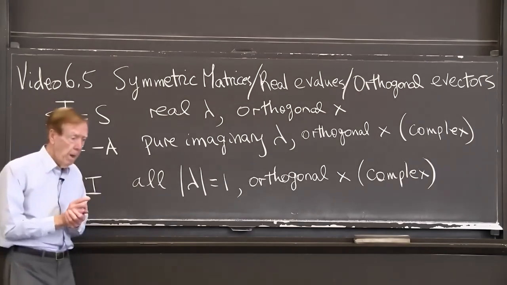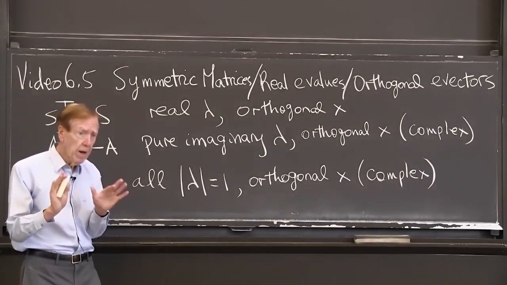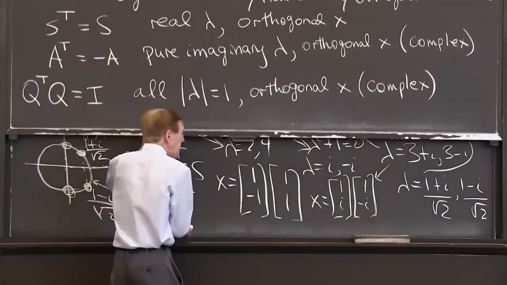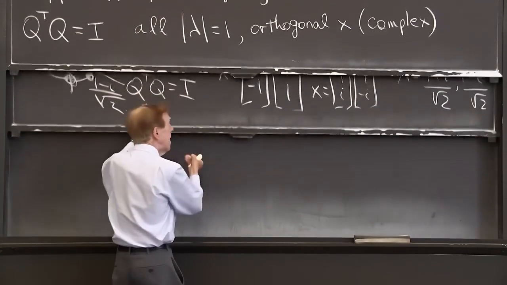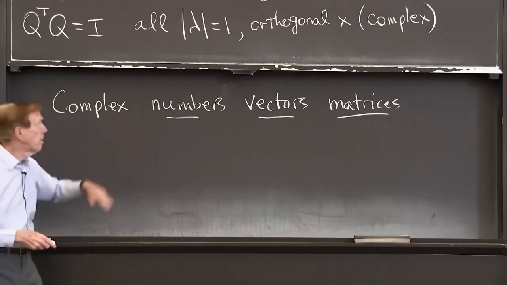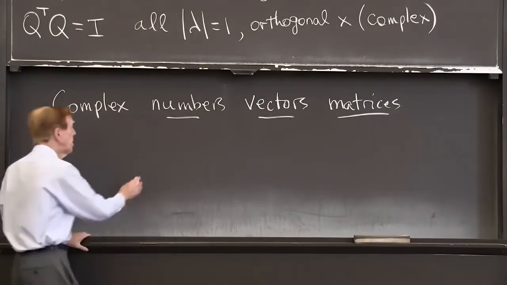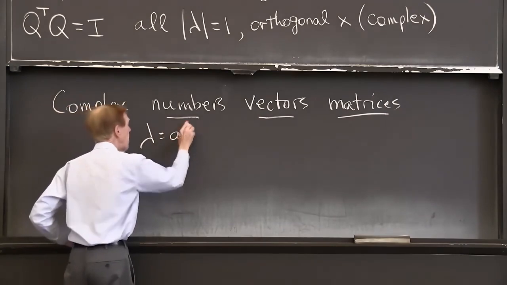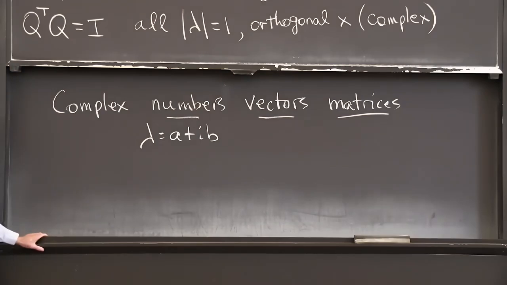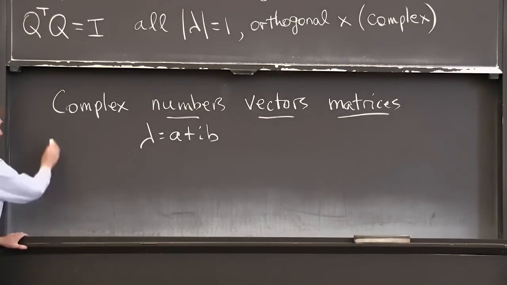Okay, now, I feel I'm talking about complex numbers, and I really should pay attention to that. Complex numbers. So I have lambda equals a plus ib. What do I mean by the magnitude of that number? What's the magnitude of lambda equals a plus ib?